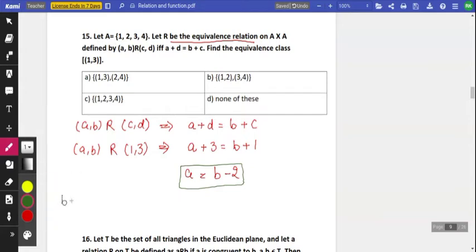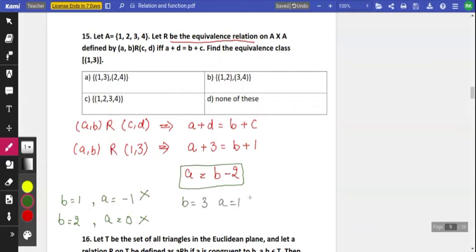For B equal to 1, A is equal to minus 1, but A equal to minus 1 does not belong to set A. Therefore, we cannot consider this case. If B is equal to 2, then A is equal to 0. A equal to 0 does not belong to set A. Therefore, we also do not consider this case. If B is equal to 3, then A is equal to 1.